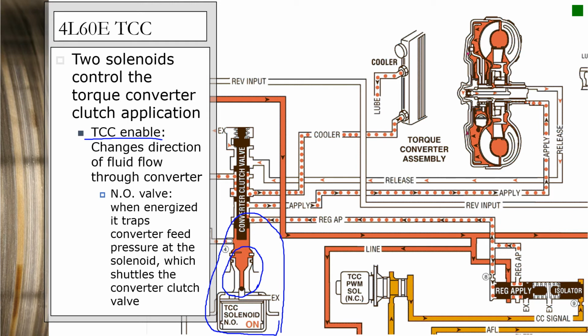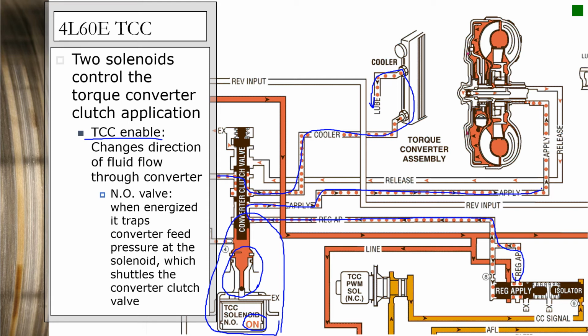But how does this thing work? Right now this is showing it in the apply mode, so I should really show you one in the release mode first. But in the apply mode, fluid from the pressure regulator is being directed to the oil cooler and through the lube circuits. And fluid from the regulated apply valve is going to find its way through the converter valve and into the apply passage.